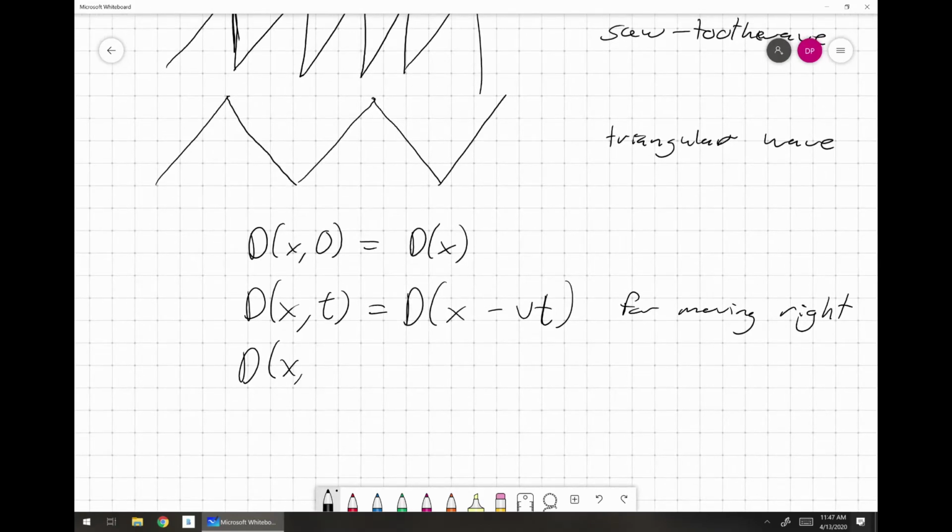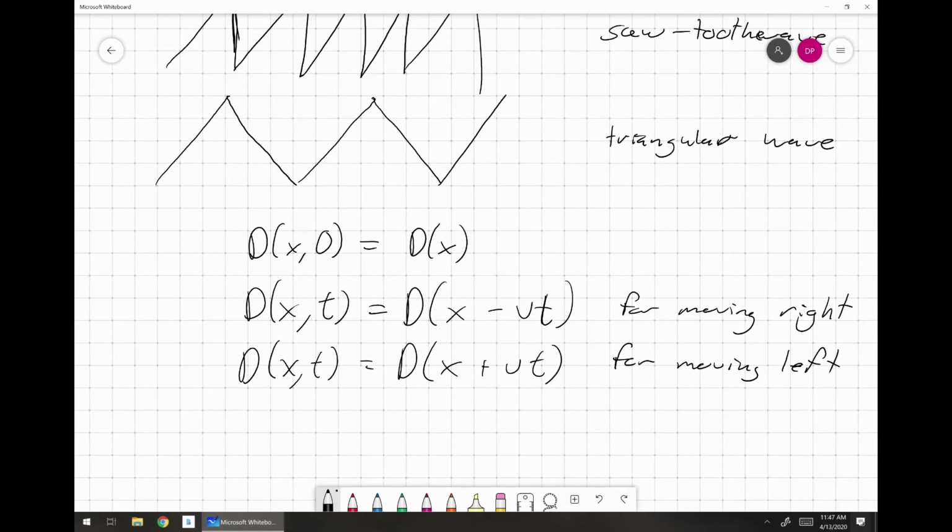And so we can write our functions, whatever they are, and they're going to be very similar. They're going to have the same kind of dependence on x and t. So we get to these expressions here. If the wave is moving to the right, it's still going to have an argument like x minus vt. And if it's moving to the left, it's going to be like x plus vt. Okay.